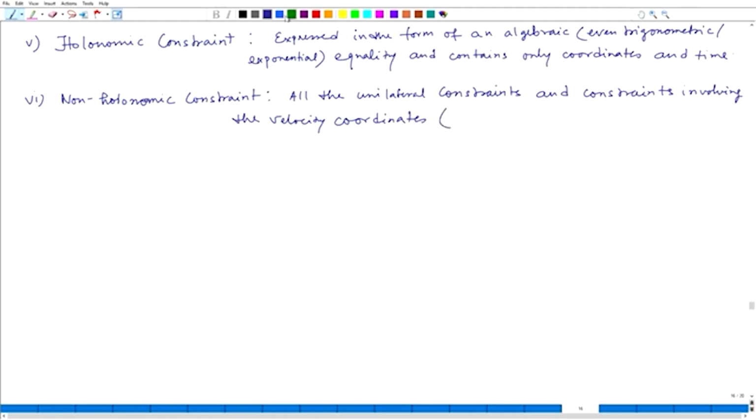A special comment is that they can never be integrated to a holonomic constraint.